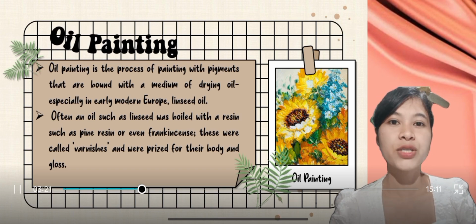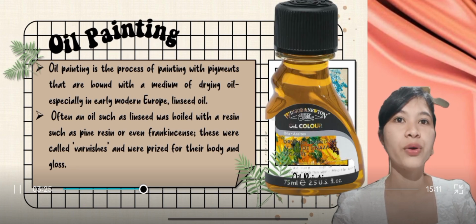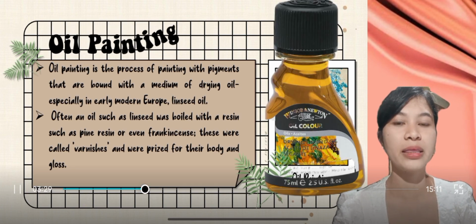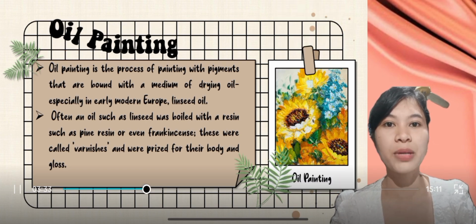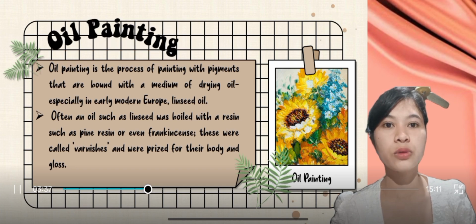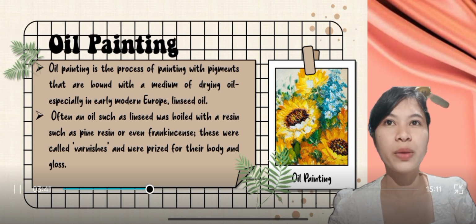We have here the linseed oil. Linseed oil is a traditional medium used in oil painting. In order to thin the paint, pinapanipis nito ang isang paint, and ginagawa nito ang oil painting na mabagal mag-dry.